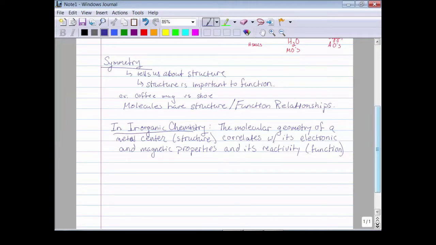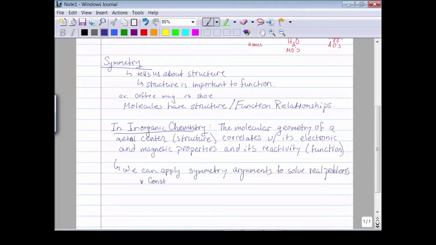We're going to apply symmetry arguments to solve real problems in this class. If you know the structure, the molecular geometry of the metal center, you also know something about its bonding, you can interpret spectroscopic data, and you know something about its chirality.